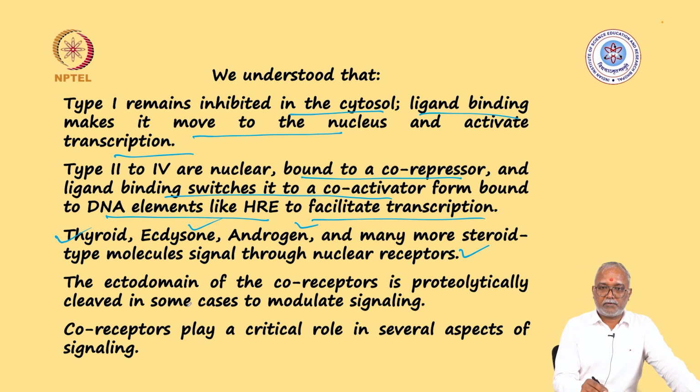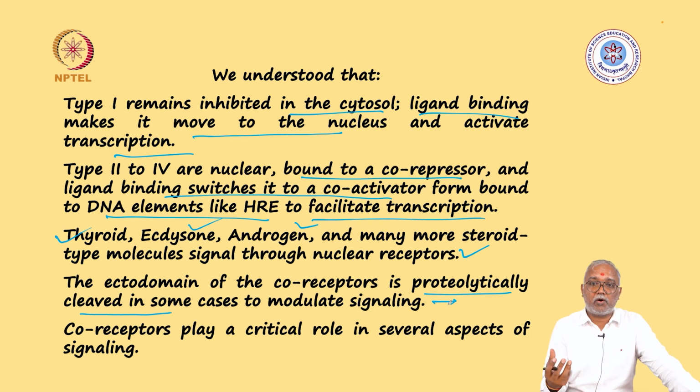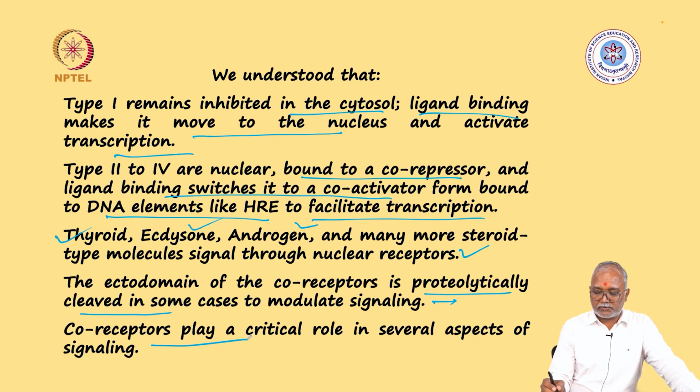In the case of co-receptors, there are multiple different types. The one which has the transmembrane arrangement has an ectodomain which can be proteolytically cleaved to modulate the signaling process. Sometimes this free molecule serves as a competitor and does not allow the ligand to bind. So together we have seen the multiple different types of co-receptors.